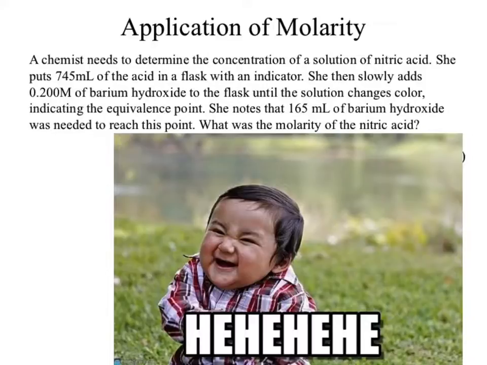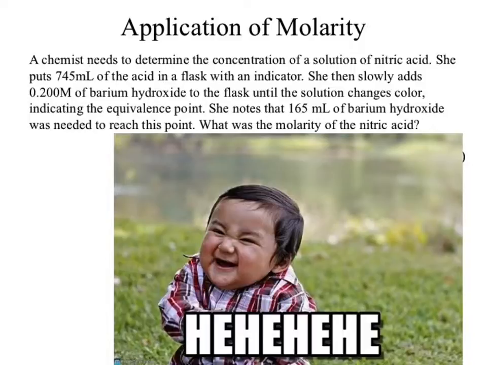Okay, so the equivalence point is when the moles of nitric acid is the same as the moles of barium hydroxide. It's kind of an important little definition there. She notes that 165 milliliters of barium hydroxide was needed to reach this point. What is the molarity of the nitric acid?